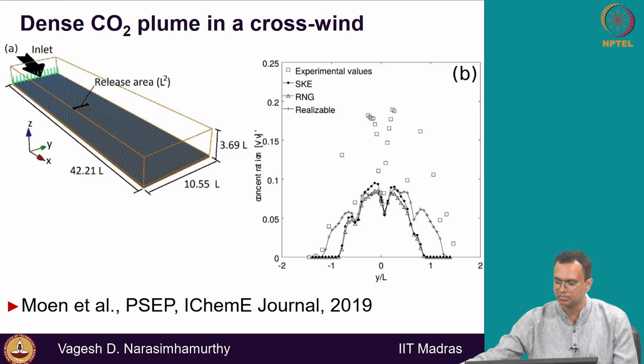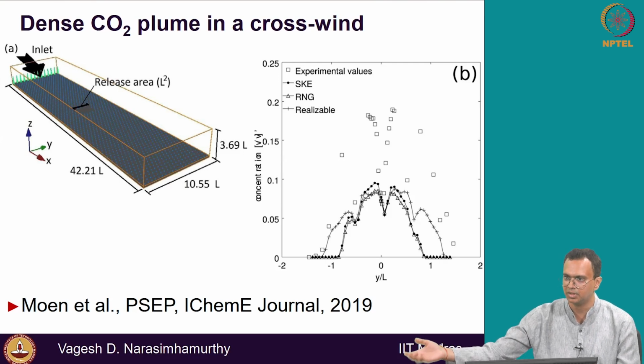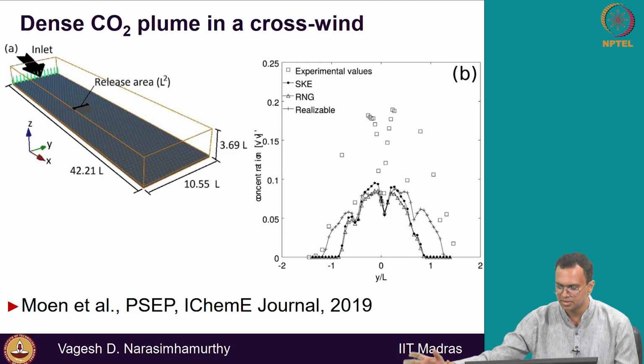This is from our own results. So here this is a dense phase carbon dioxide, right? It's heavier than air, and this is its dispersion. So I'm essentially looking into the concentration profile here. The y-axis shows the CO2 concentration, the x-axis is the distance.